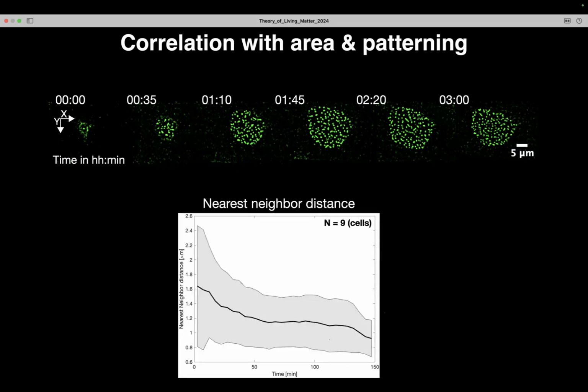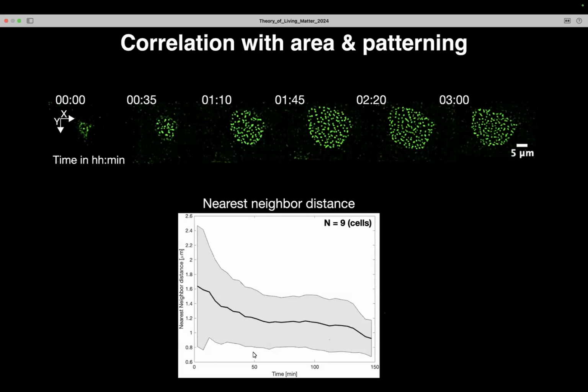What is even more interesting is that, as I mentioned before, as the apical domain is expanding and as basal bodies are inserting into the apical domain, the basal bodies get patterned. This patterning can be quantified in different ways. Here we look at the nearest neighbor distance between the basal bodies.